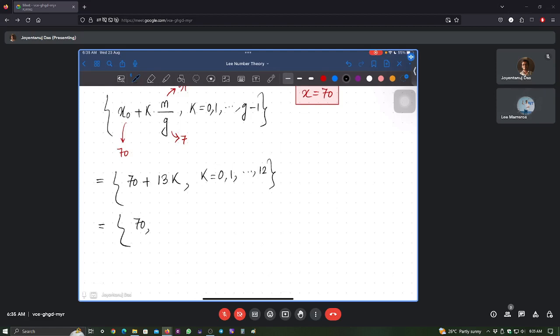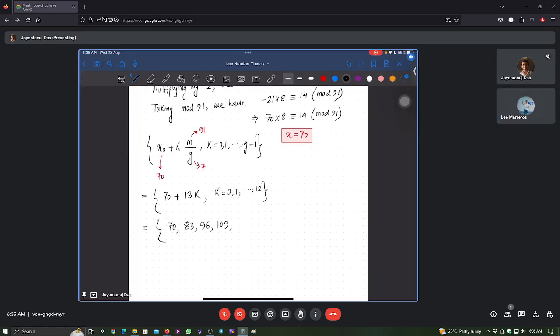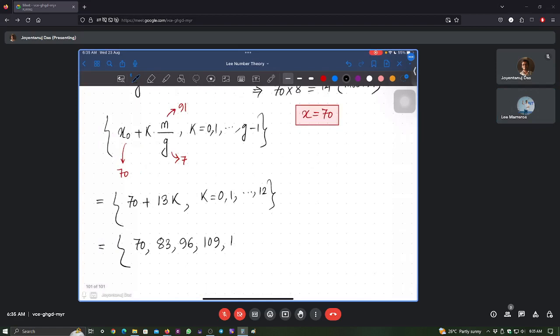Then plus 13 will be 83, then 96, then 109, then 122, then 135.